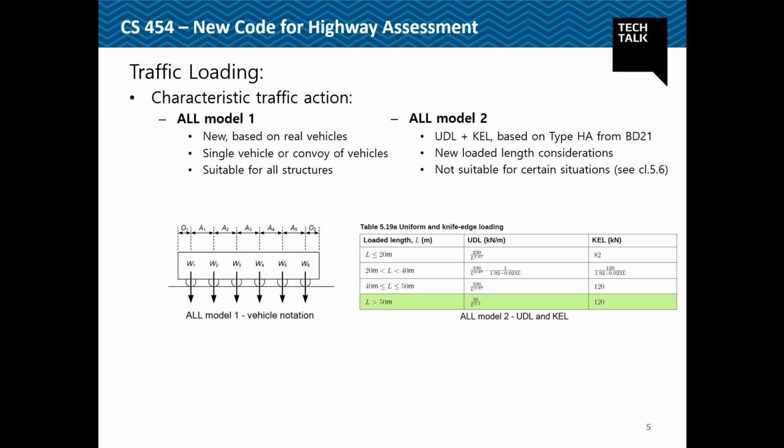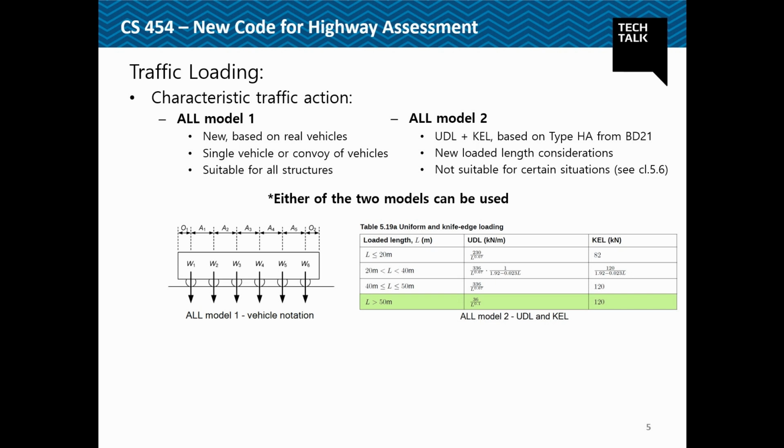In CS454, there are a few new considerations in relation to loaded length and how that reduces the intensity of the loads. Additionally, the new code identifies that this load model is not suitable for certain situations. I'm not going to go into detail of those. You can check the code for it. But essentially, the load model is not fully applicable in every scenario.